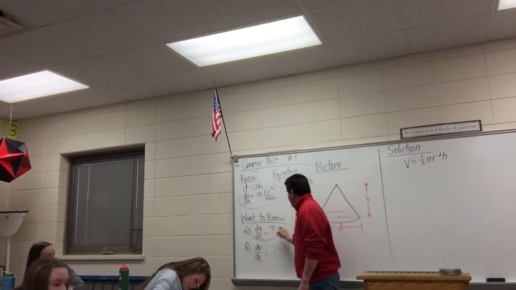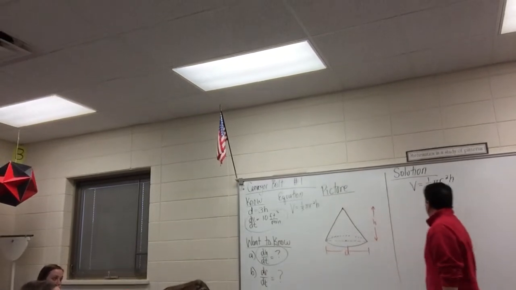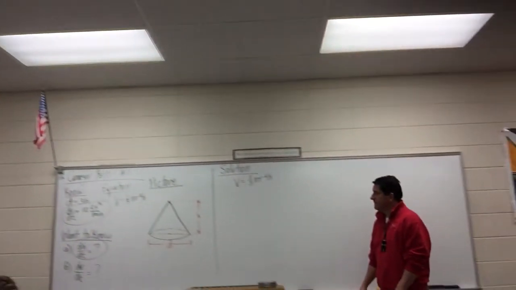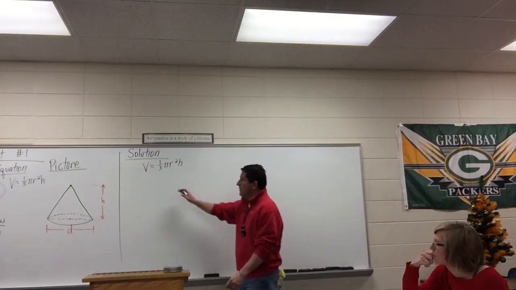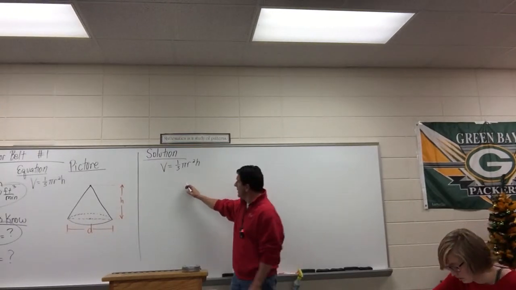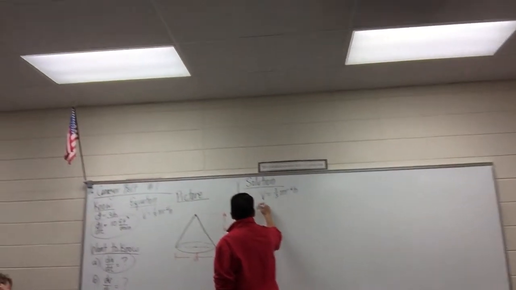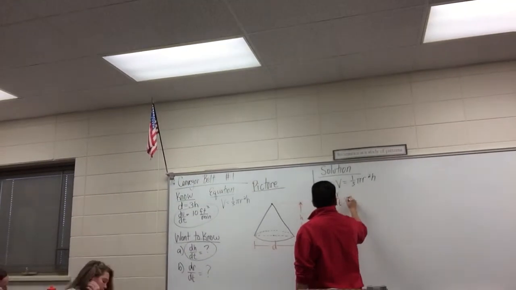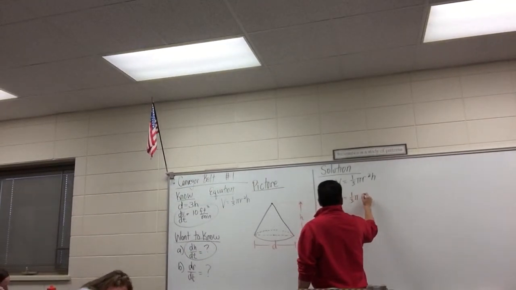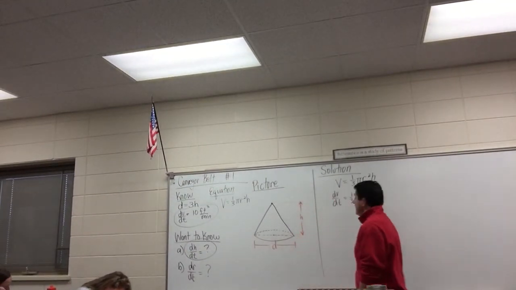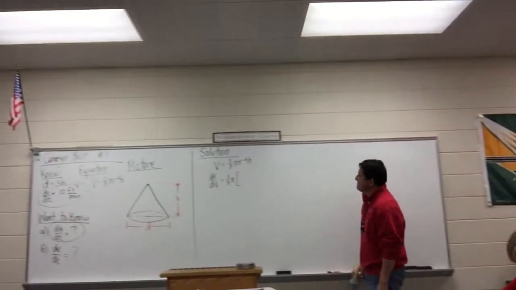We're out to find dh/dt in the first one. So let's just go ahead and do it. We're going to find the derivative of this with respect to t. So dV/dt equals 1/3 pi, that's a constant.